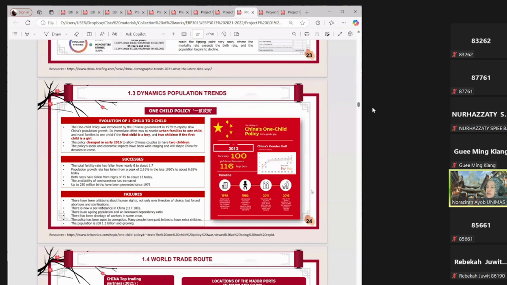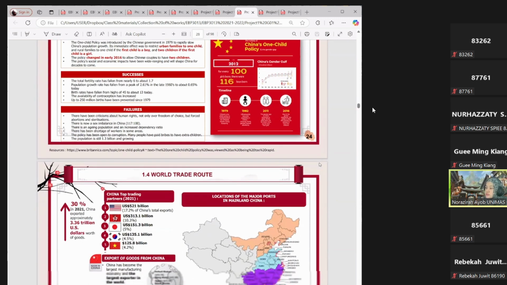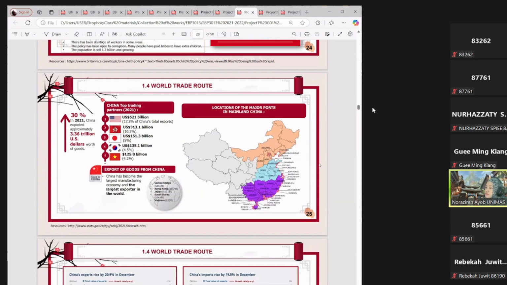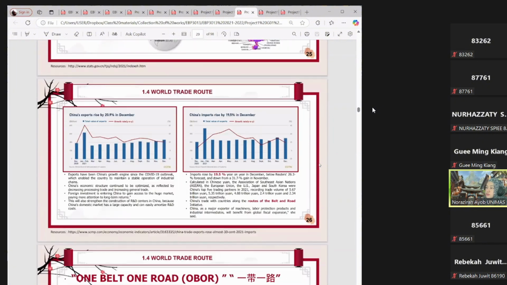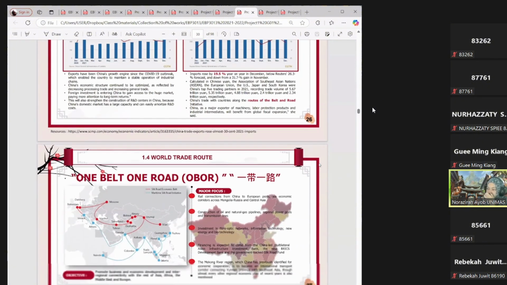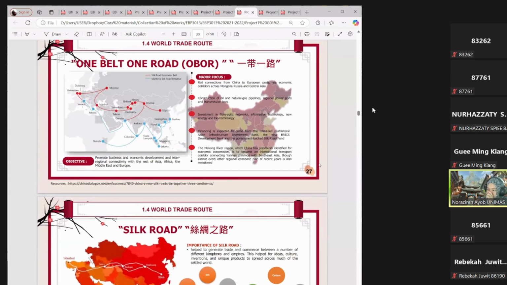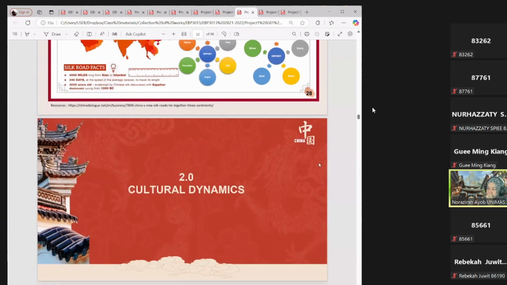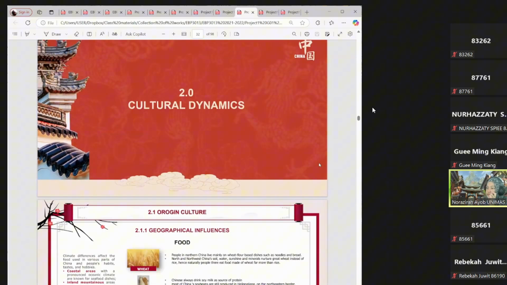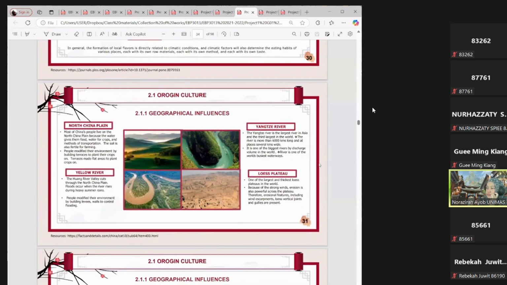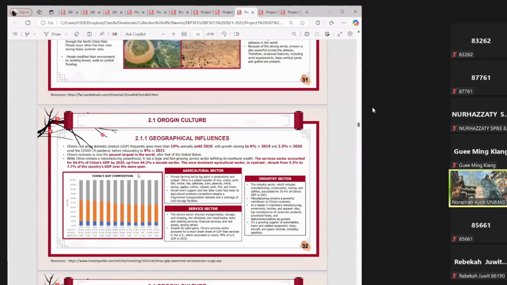China had 1 child, but now they have 2-child policy, not 1 anymore. You can also try to understand why they had this 1-child policy. Data on China, GDP, composition, how does it affect in what sector.